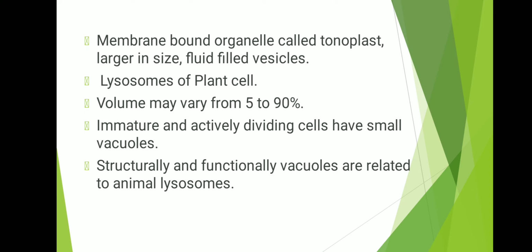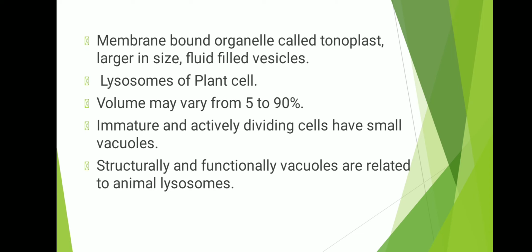How are vacuoles formed? Vacuoles come directly from the Golgi bodies in the form of vesicles. Then different small vesicles join together and form a big vesicle that is called a vacuole.